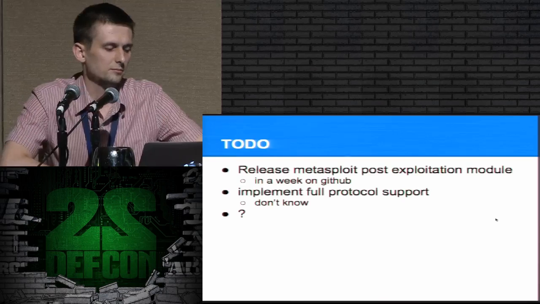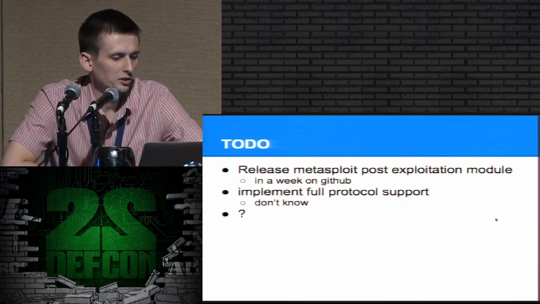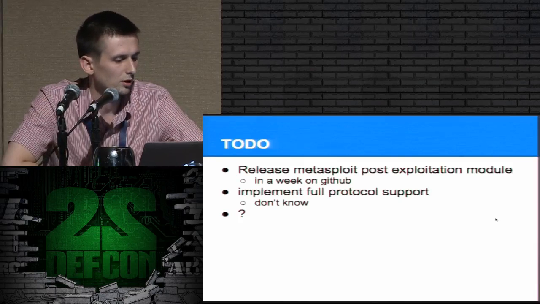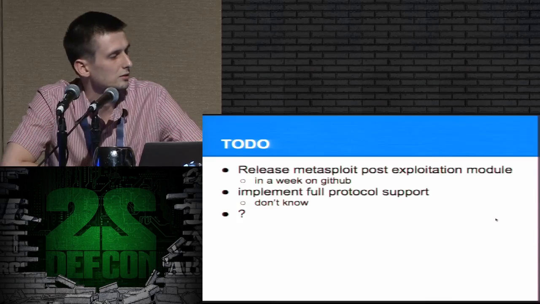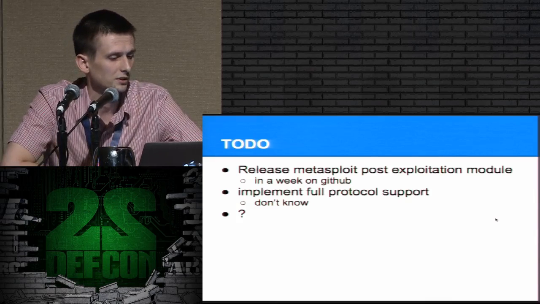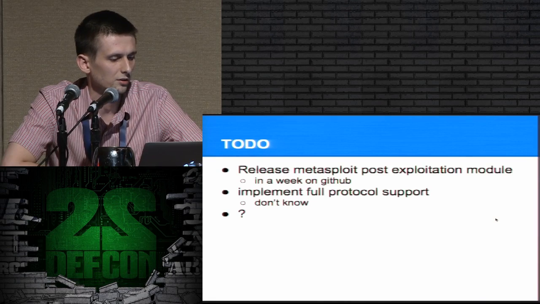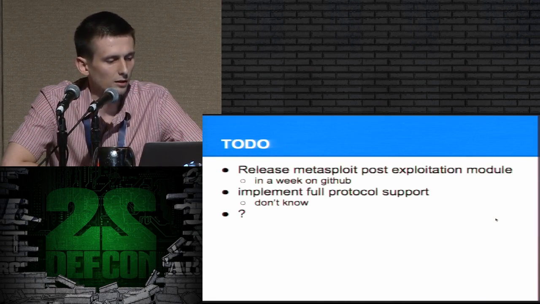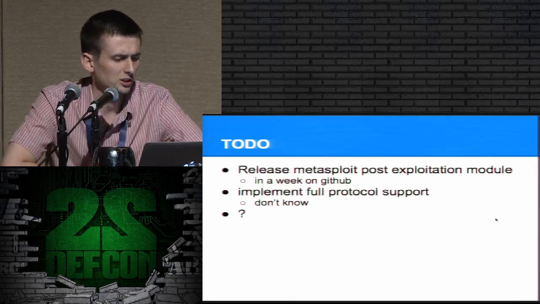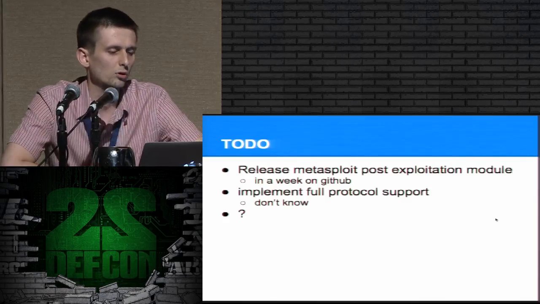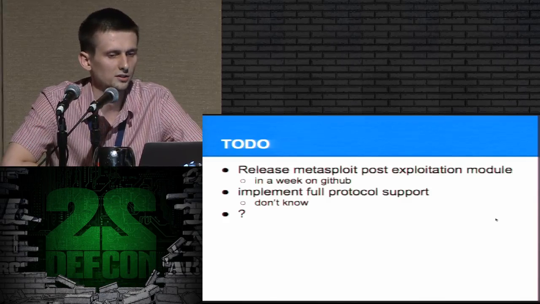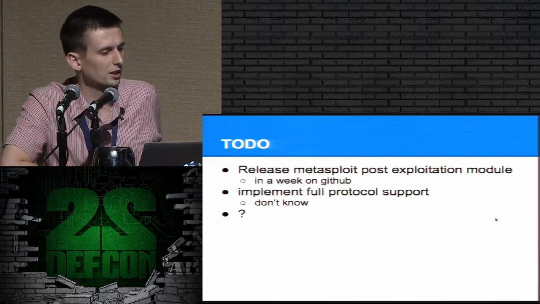So what's next? In a week I will release a Metasploit post-exploitation module, an implementation of the current attacks, which are currently written in C and on GitHub, but the Metasploit module is currently a work in progress. It has some bugs. For example, it doesn't fully support the protocol and does not extract hashes from every operating system.